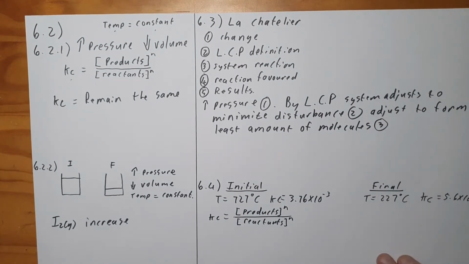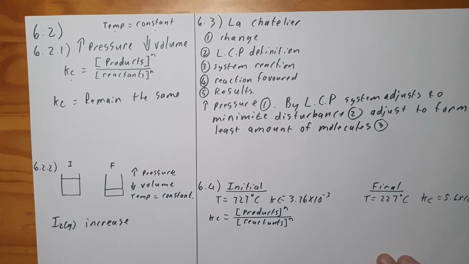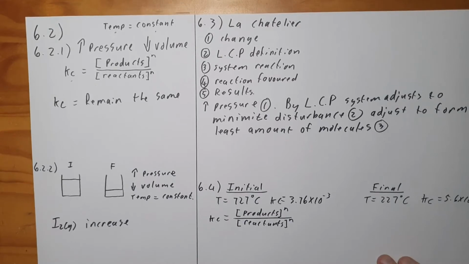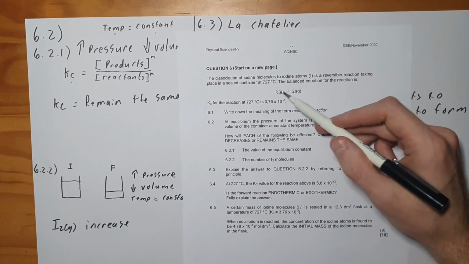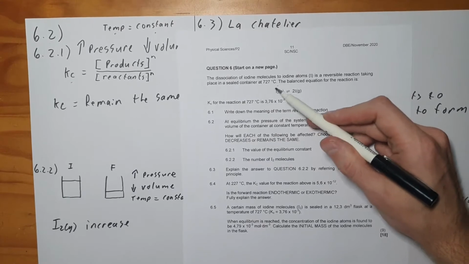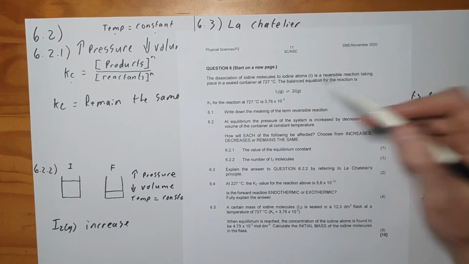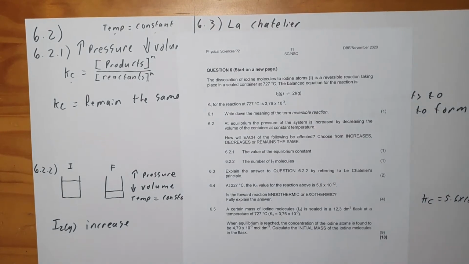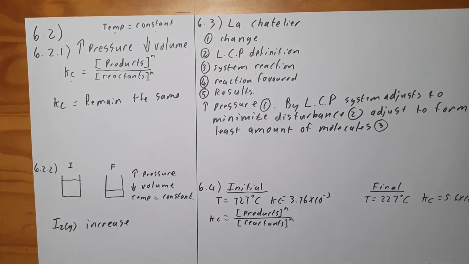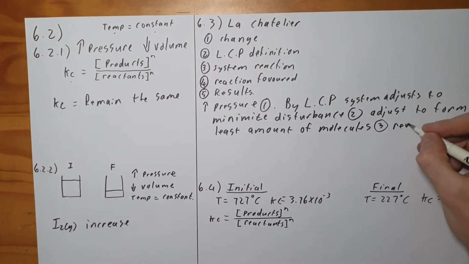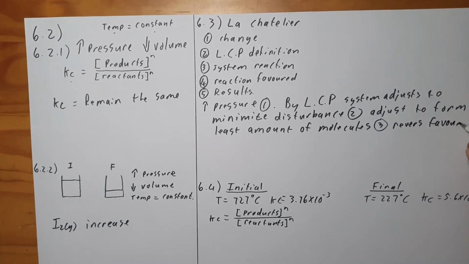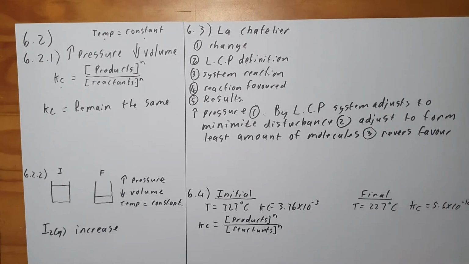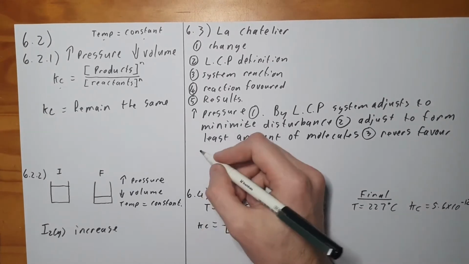Now we need to see which reaction is favored. We can see that the reverse reaction is favored. Why? Because here we have 2I, but if we reverse it, then we produce I2, which is a smaller molecule than having just 2 iodine atoms. So the reverse reaction is favored, and because the reverse reaction is favored, a new equilibrium is reached.